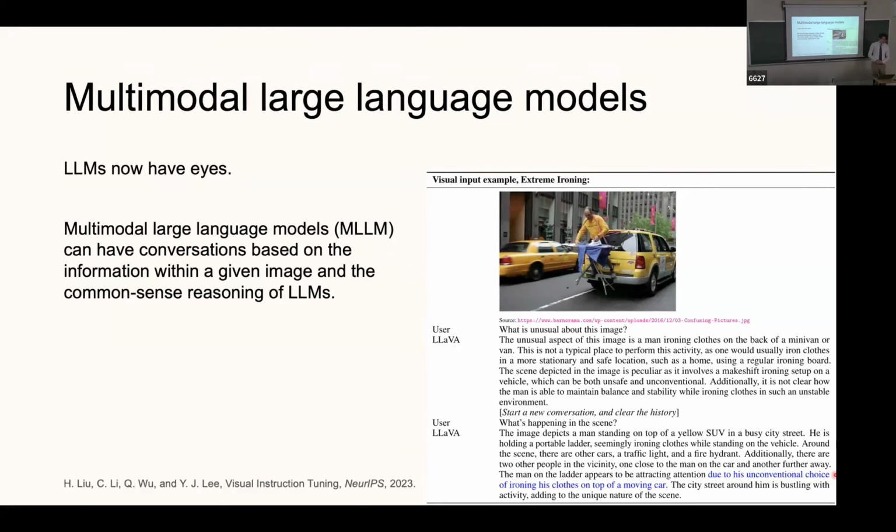These are called multimodal large language models. Basically you imbue these LLMs with vision capabilities. And now you can provide an image and then talk about the image in the large language model. So this is a kind of funny, unusual picture because at the back of the taxi, there's this person ironing his shirt. It's weird. And if you ask the LLM about it, it understands that it's weird for that reason.